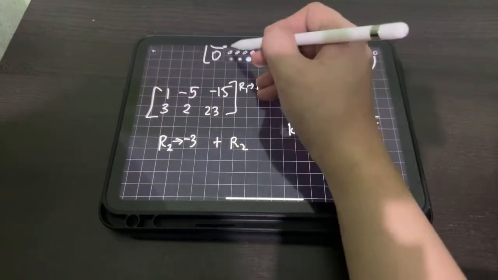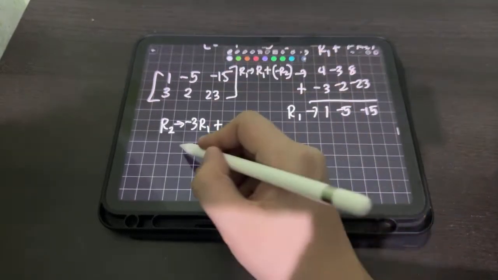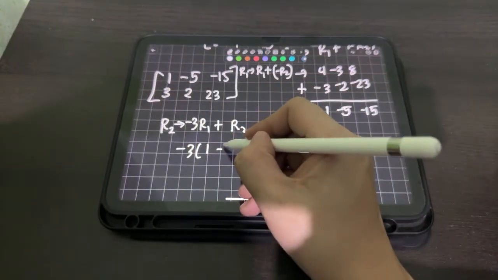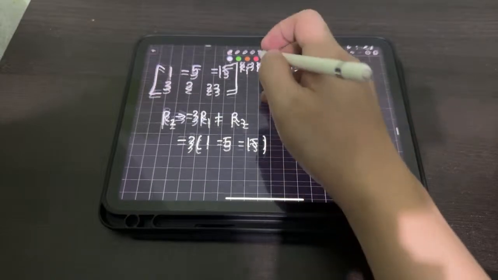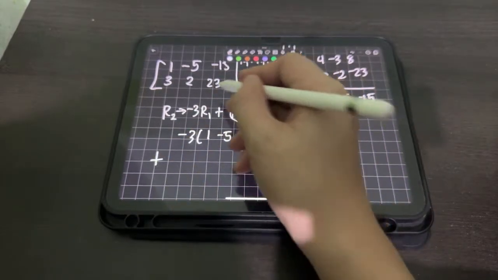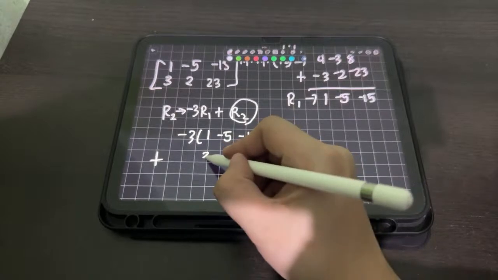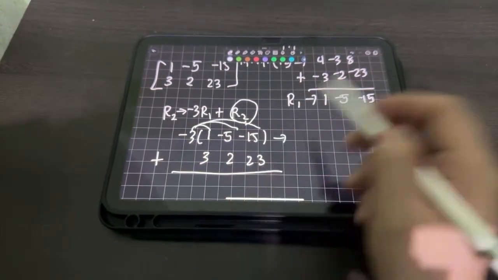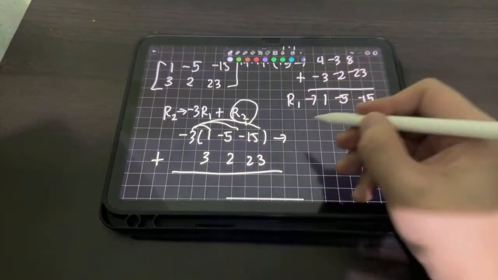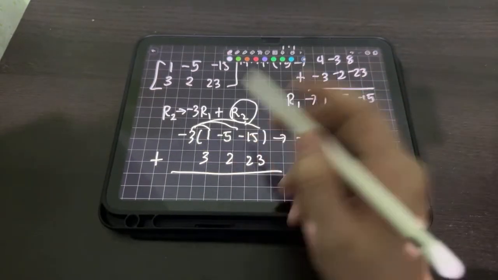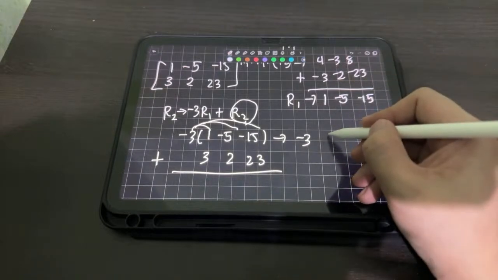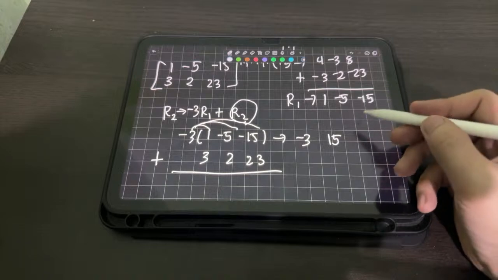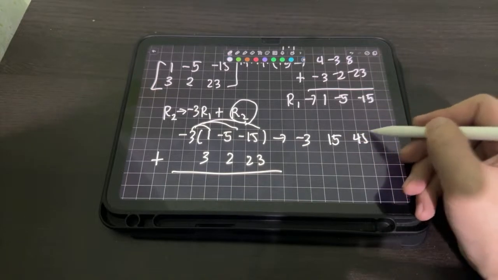So doing this operation, we will have negative 3 times the entries in R1, 1, negative 5, negative 15. We add with the entries in R2, 3, 2, 23. Distribute first this negative 3. Negative 3 times 1, negative 3. Negative 3 times negative 5, positive 15. Negative 3 times negative 15, positive 45.